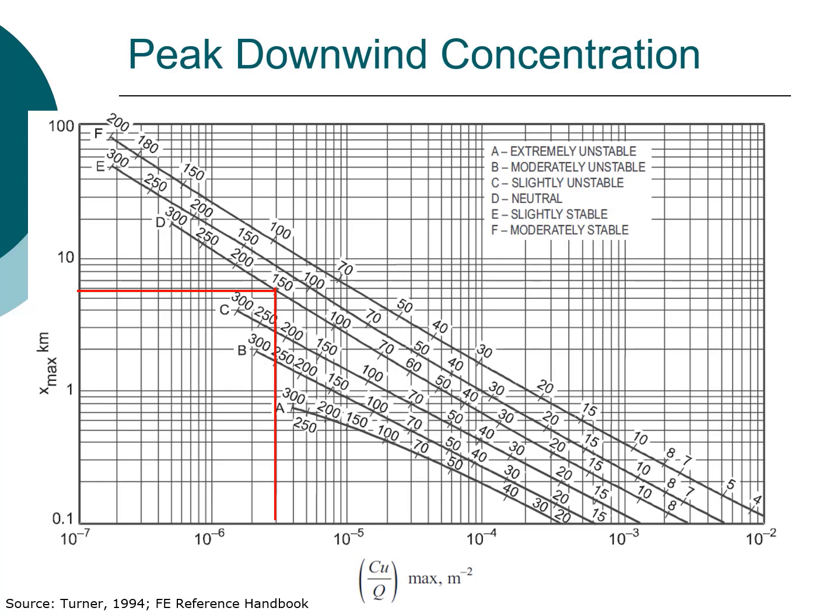So we'll use this graph here. We have an effective stack height of 150 meters. We look at the line for the D stability class, and then we read across here to determine the maximum distance, and then we'll read down to determine this ratio here.